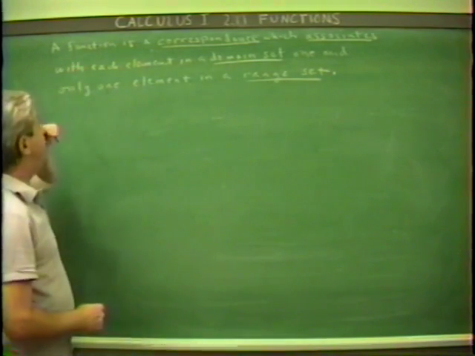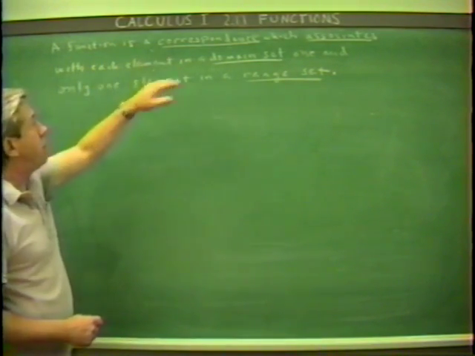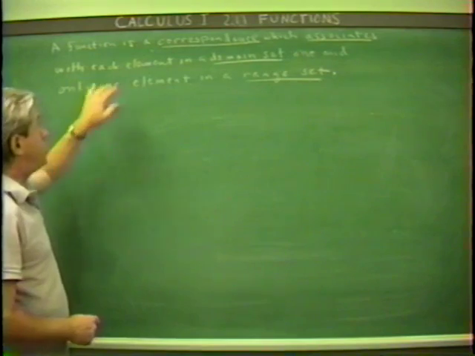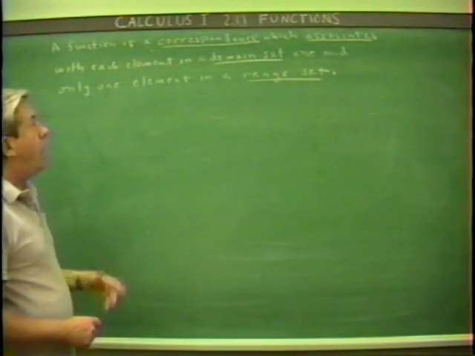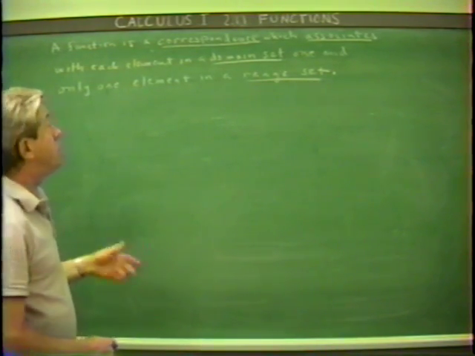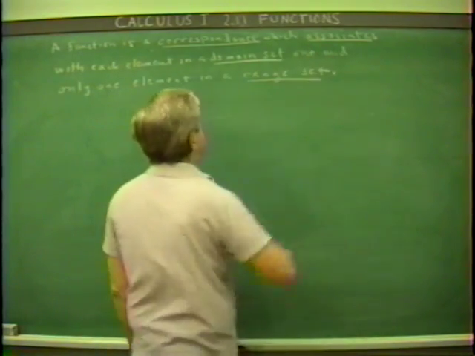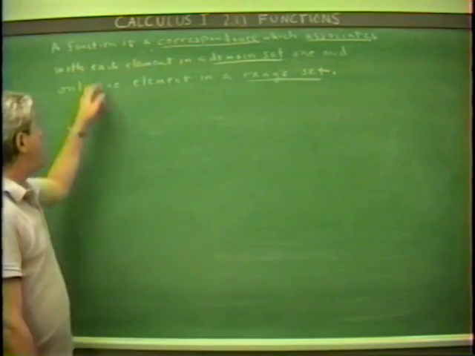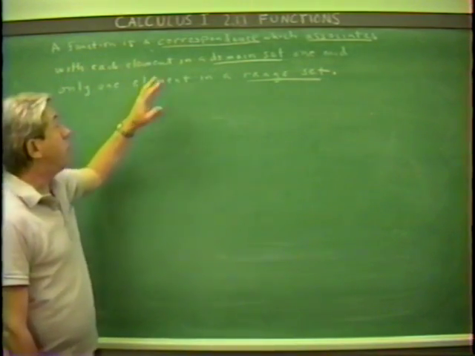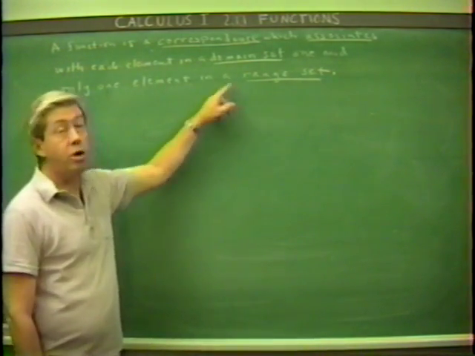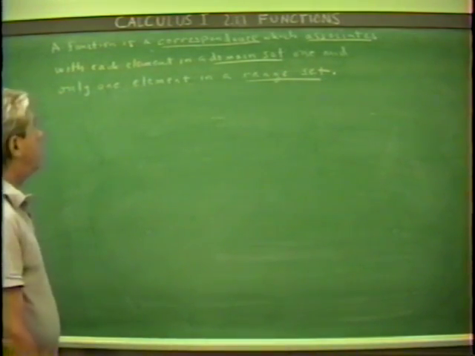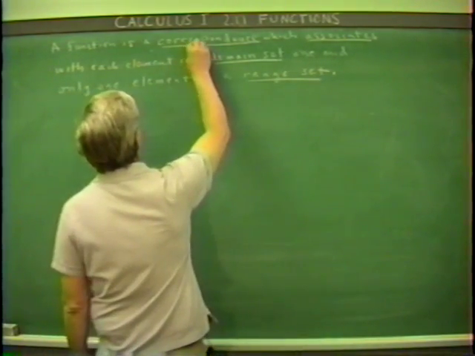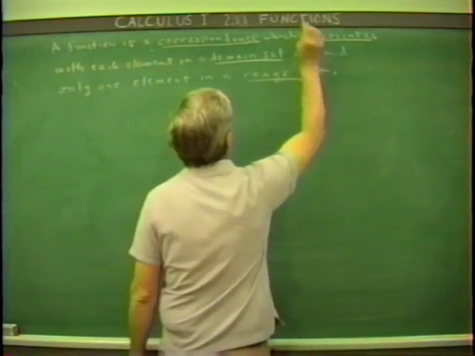You could just as easily read this as a function is something which associates with each element in a domain set. And then the final question is, what does the word associates mean? The word associates means pairs. With each element in a domain set, it pairs up with that element one and only one element in a range set. So better here would be something and pairs.